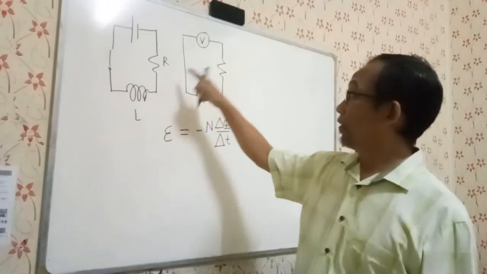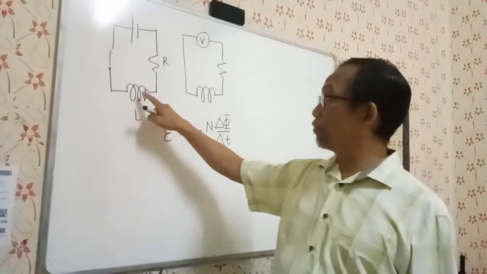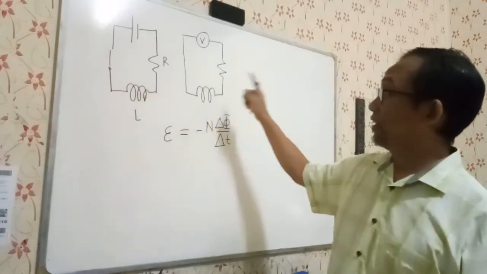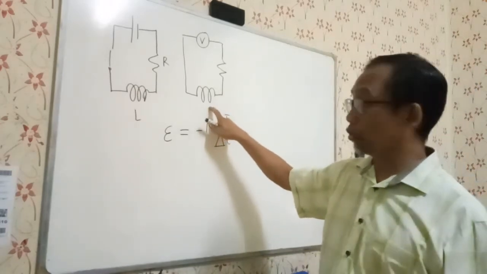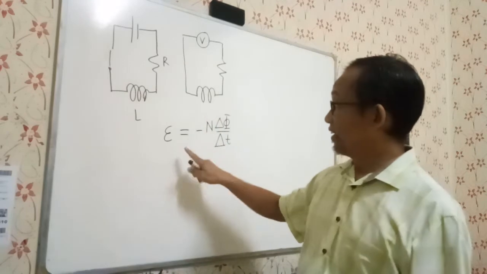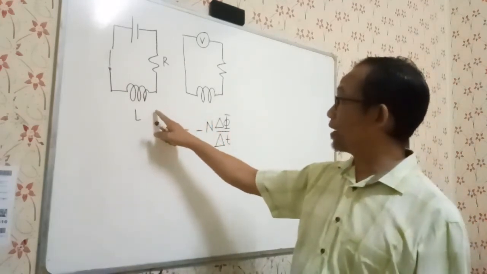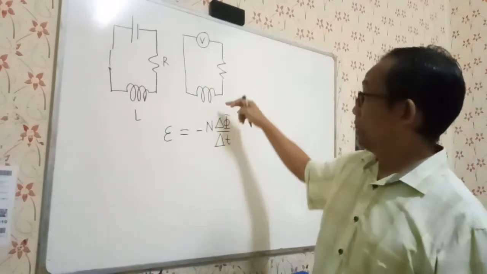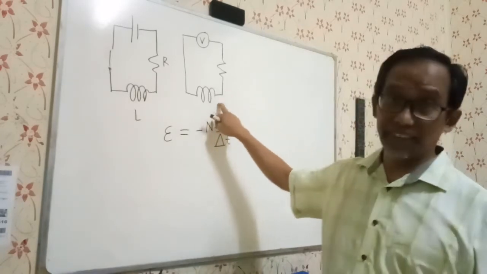And so the change in the magnetic field in the coil will cause EMF generated in another coil close by. And it follows Faraday's law. The rate of change of magnetic flux will cause generation of EMF in this circuit.